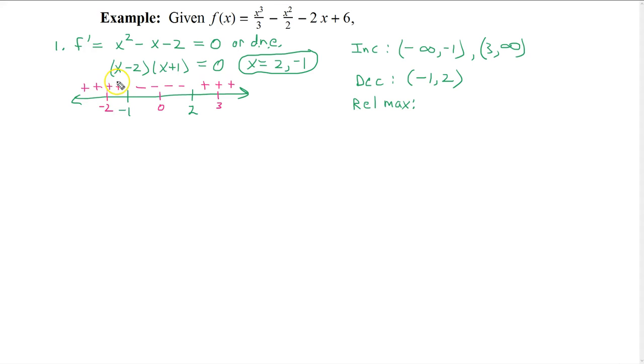That's where our function is increasing and then decreasing. So our relative maximum is at -1, f of -1. And evaluating this function at -1 gives us 43 divided by 6, or approximately 7.16, and the 6 actually is repeating, so that's its exact value. So there's a relative maximum, relative minimum.